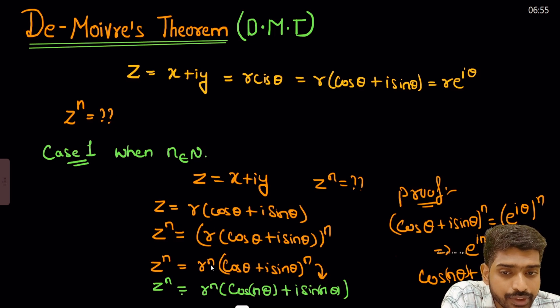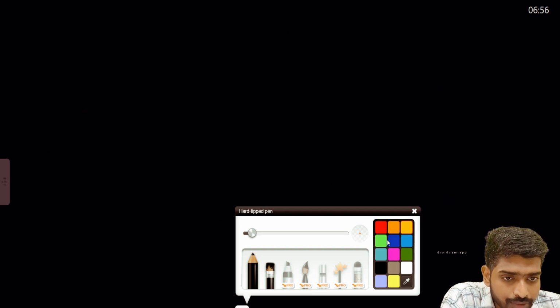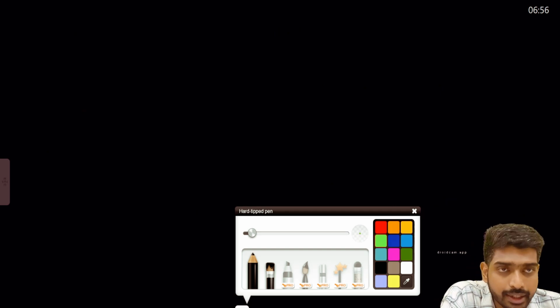So z power n will be equal to the magnitude of the complex number raised to the power n, and the remaining cos theta plus iota sine theta part to the power n will become cos n theta plus iota sine n theta, right? It is very easy. No need of multiplying this complex number n number of times, right? So we'll see this with some examples. After solving these examples, we'll get more clarity.